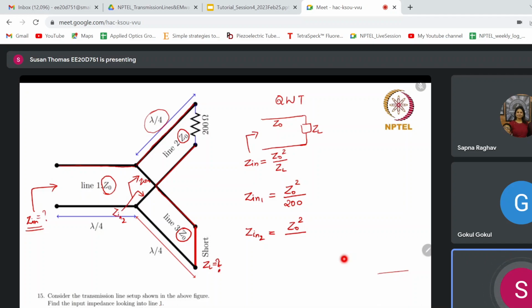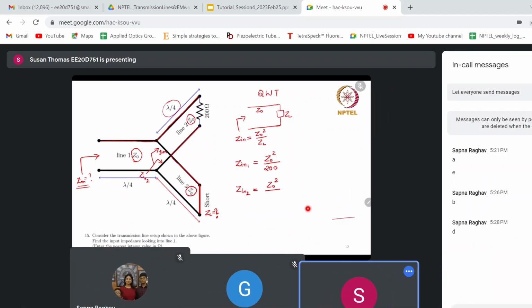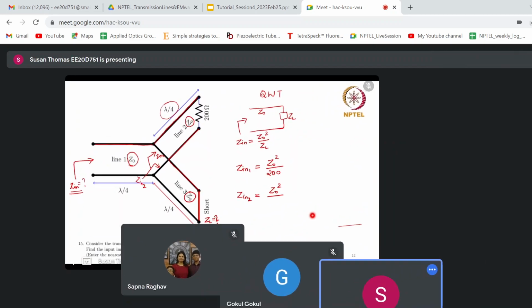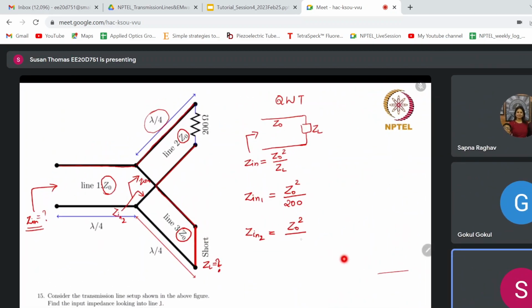If it is a short circuit, what is ZL? ZL is 0. Okay. So, yes, as Sapna said, Z0 square divided by 0, Zin2 will be infinity.